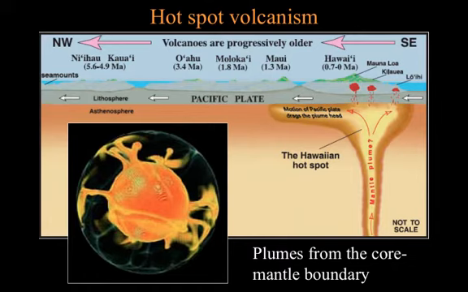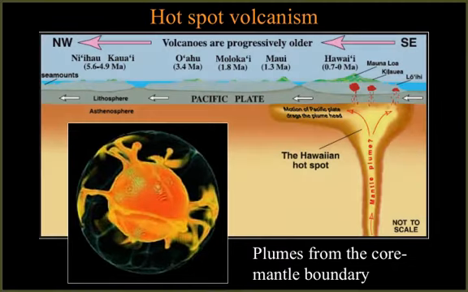So as I've mentioned, these are mantle plumes that feed these hotspots, a rising plume of mantle from a hot place in the earth, and that hot place where they arise is actually at the core-mantle boundary.